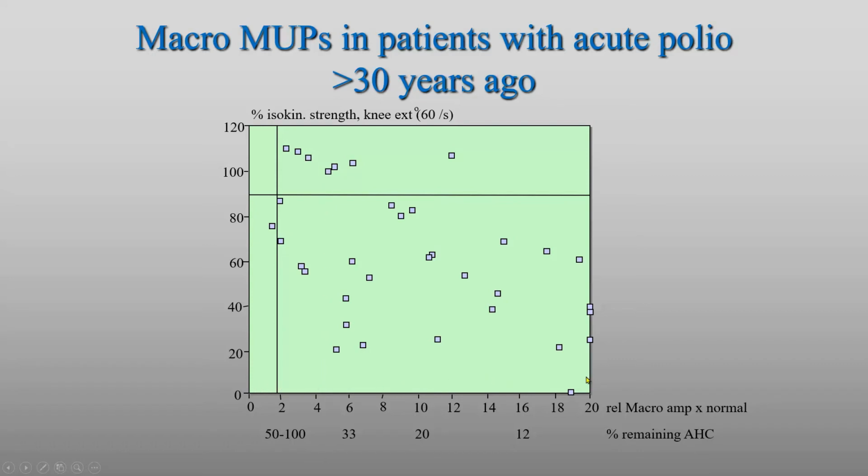So the size is here, and here's the strength in the knee extensors. And you see that these patients, each symbol is one patient. This patient has double the size of the motor units. Here is 4 times the normal motor unit.